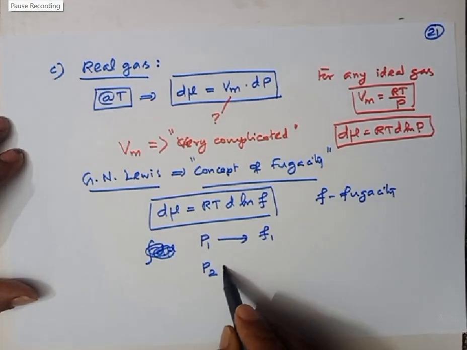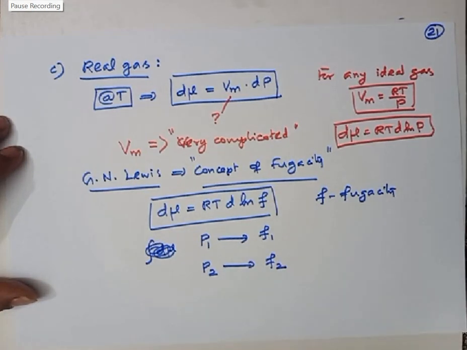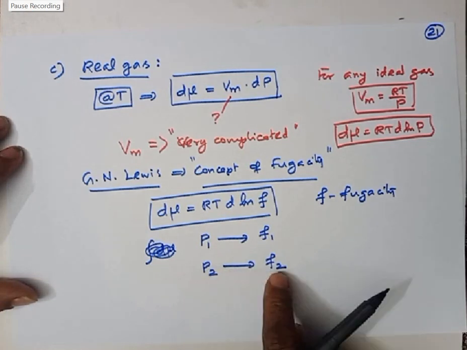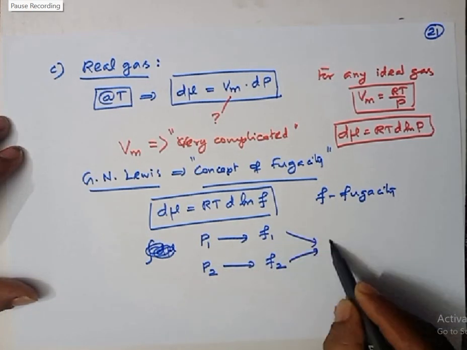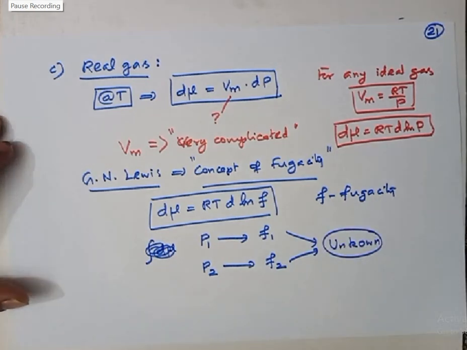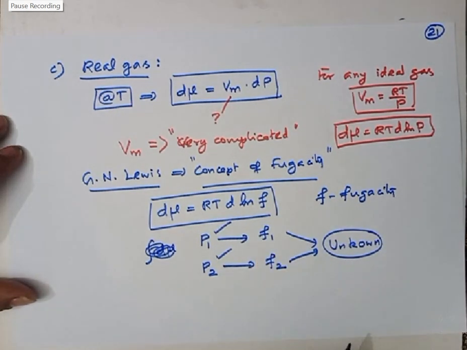At the final pressure P2, let the fugacity be F2. There will be one fugacity at pressure P1 and another at pressure P2. For now, these two are unknowns. We don't know the values of these. I know pressures P1 and P2, but I don't know what F1 and F2 are.